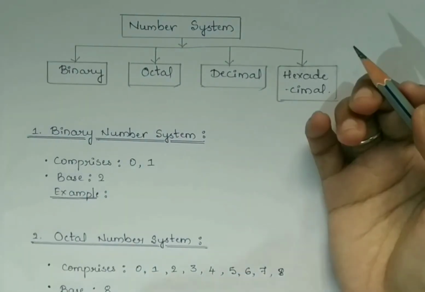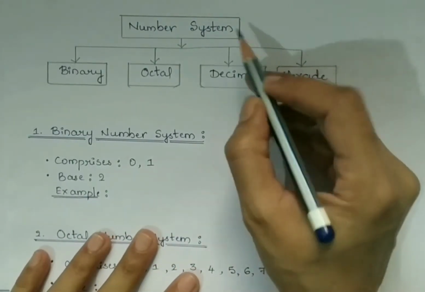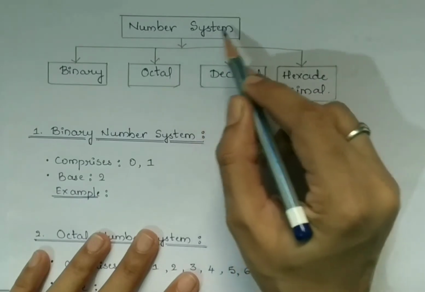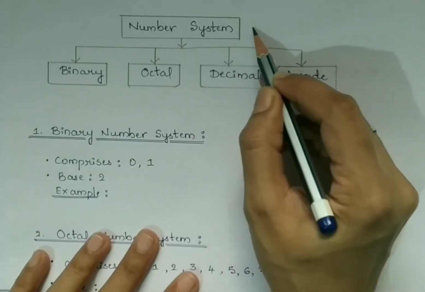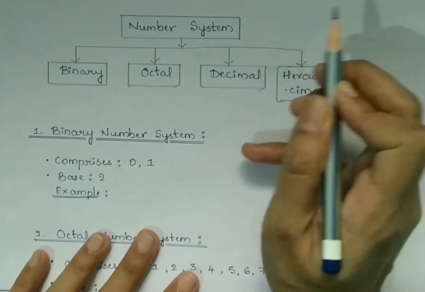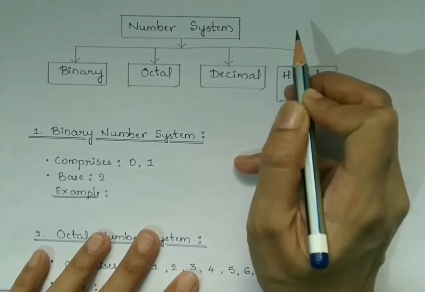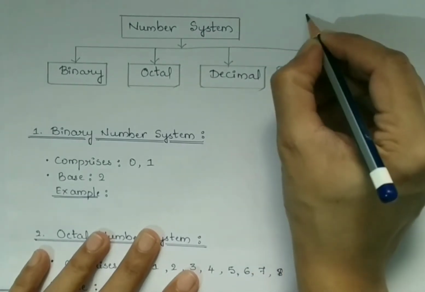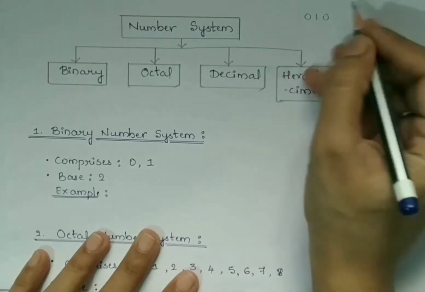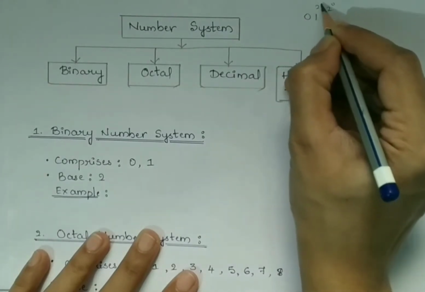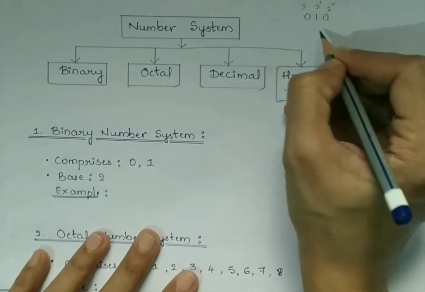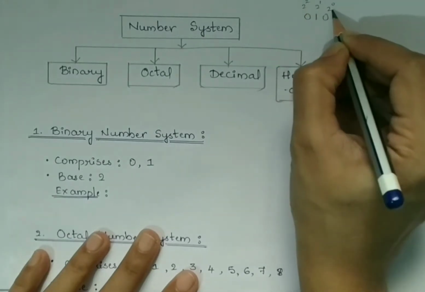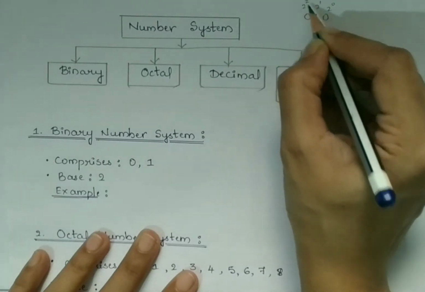A number system is also called a positional number system because the value of each digit in a number depends upon its position within the number. For example, if I give you this number, its value depends upon its position: 2 to the power 0, 2 to the power 1, 2 to the power 2.